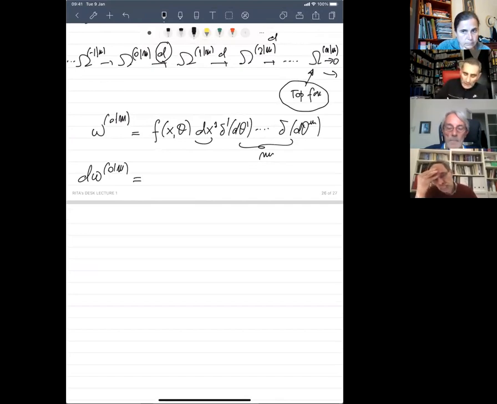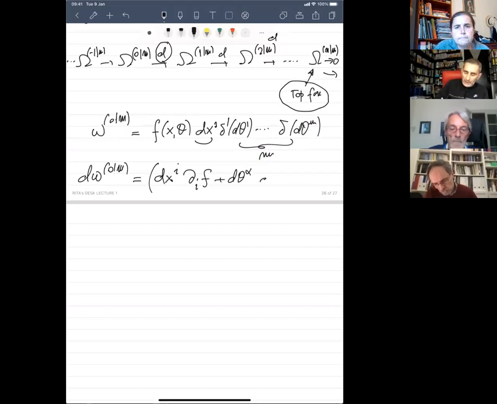The differential on the function will be something like dx^I with the derivative with respect to I of the function f. And then I will have something like d theta alpha with the superderivative of f, which I write down explicitly, and then dx1, and then all the deltas here.